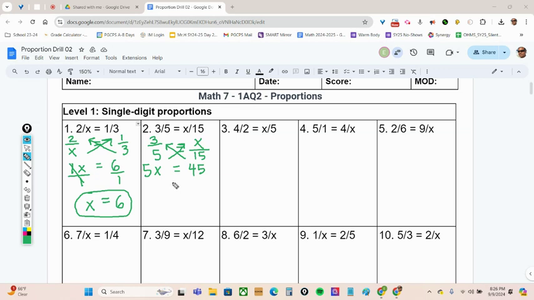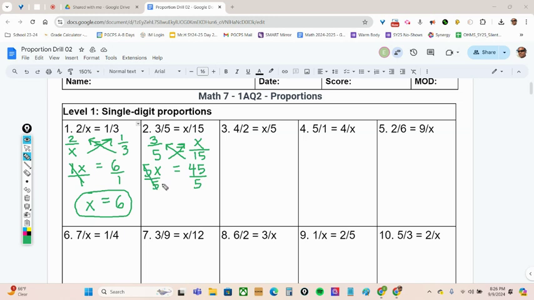Okay. Then we divide both sides by the number that's next to the unknown. Okay, if we do it on the left, we have to do the same thing on the right.